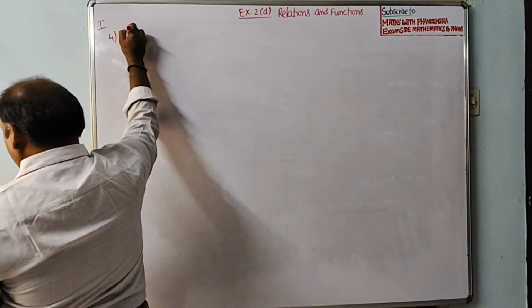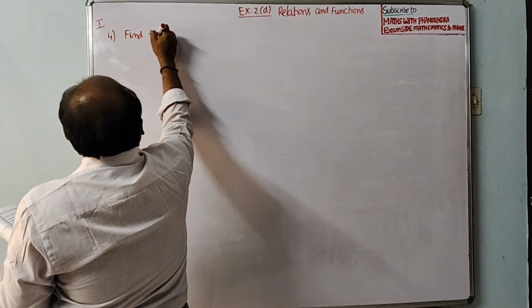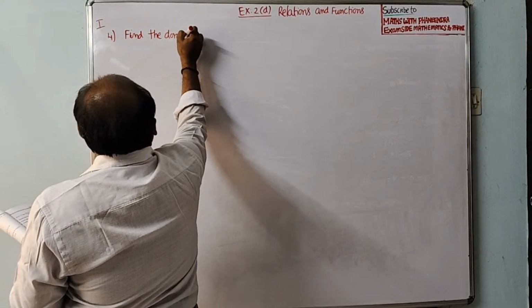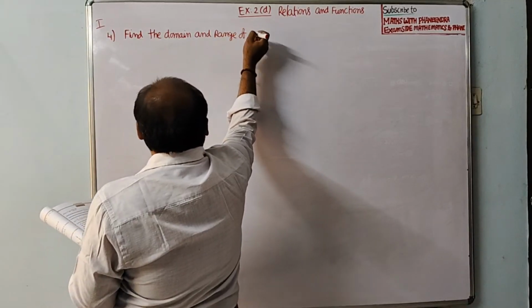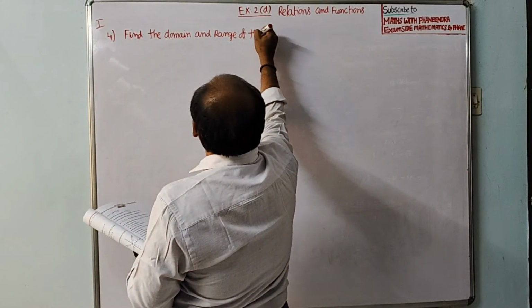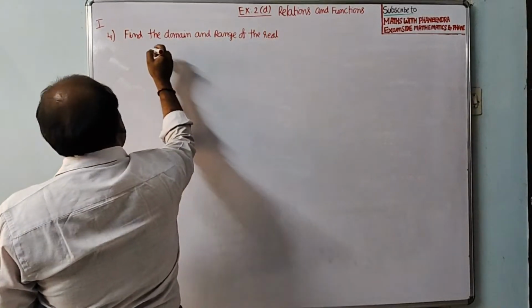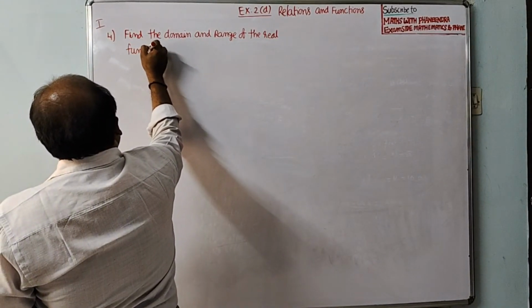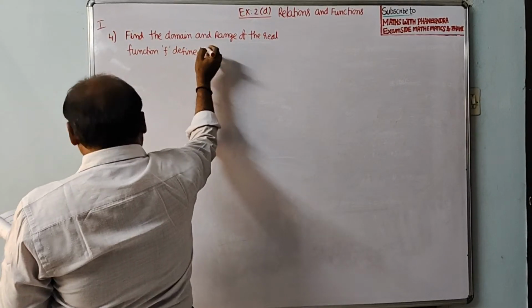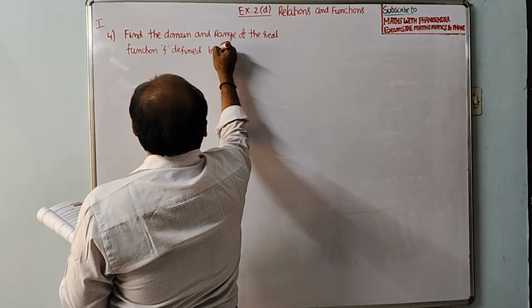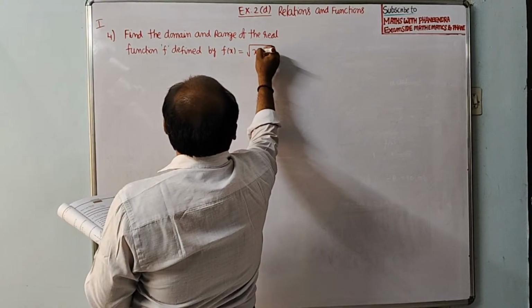Question number 4. Find the domain and range of the real function f defined by f of x equal to root over x minus 1.